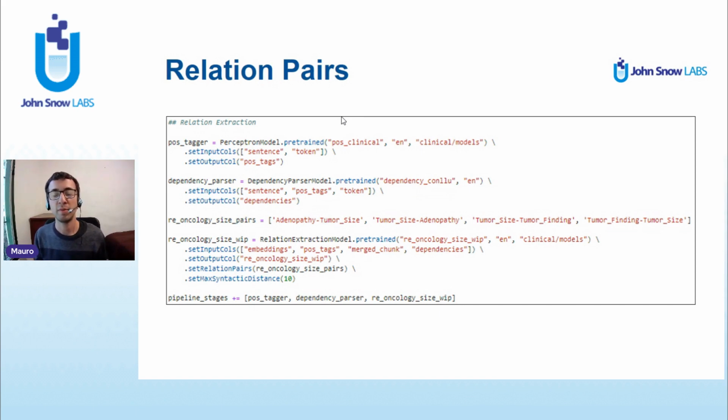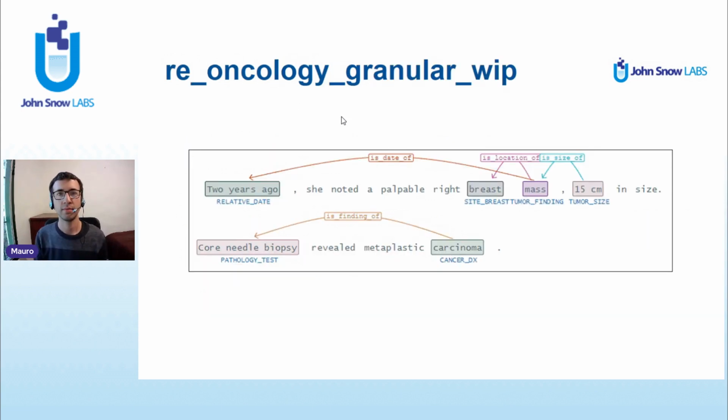For example, if you want to extract tumor sizes, you want to exclude from your pairs dates, or maybe treatments, or any other kind of entities that were extracted by your NER model but are not relevant for relation extraction. And in this way, you will reduce the noise from your outputs.